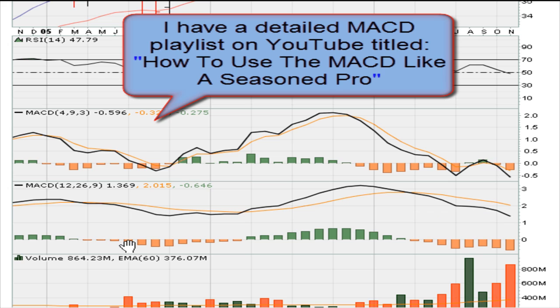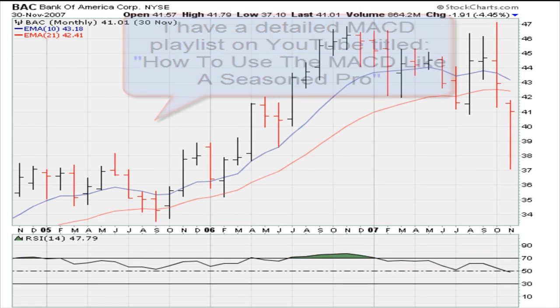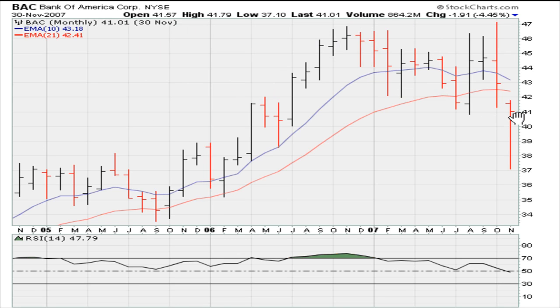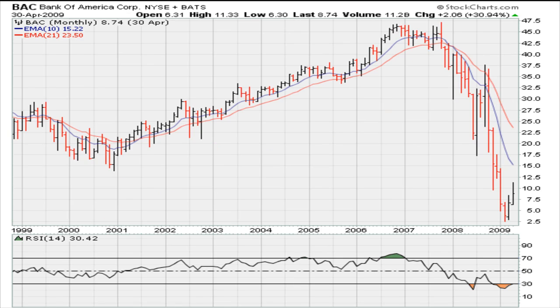Also, one thing I have to note, if you've watched my videos on the MACD, take a look at this uniform action, 2-0 and back below it. Uniform action, 2-0 and back below it tends to be a sell signal on the MACD. So lots of things here. Indication here was at $41, the stock was looking very bearish.